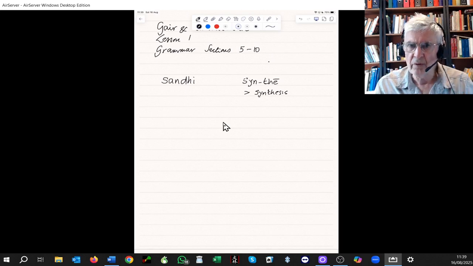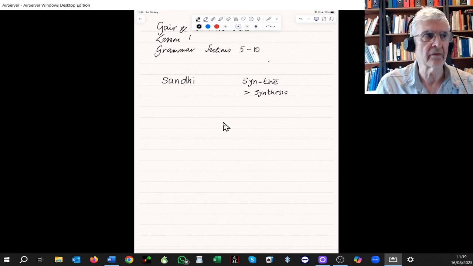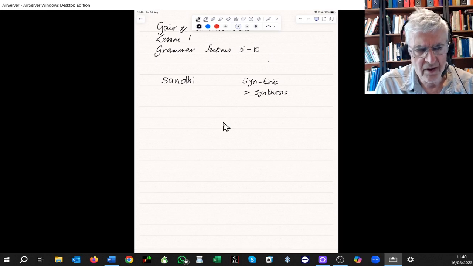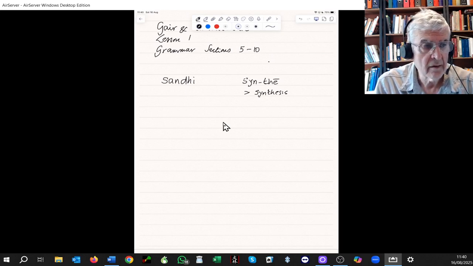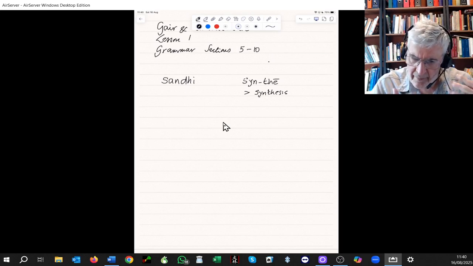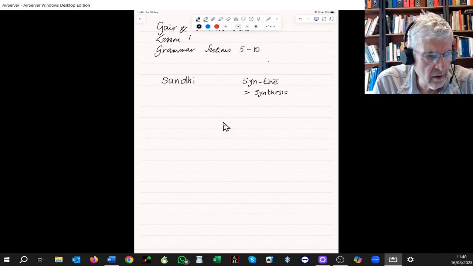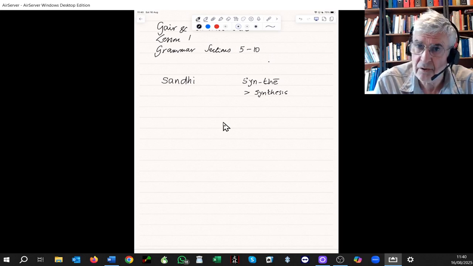The most important thing to remember overall in sandhi is that these changes are dictated by phonetic ease of pronunciation. They are not random. If you just go into soft focus and imagine the language being spoken as a fluent thing, these phonetic changes will appear natural.